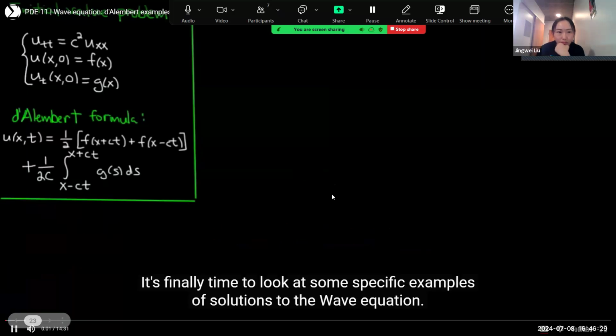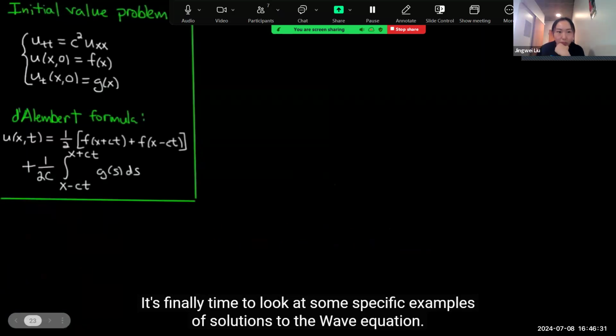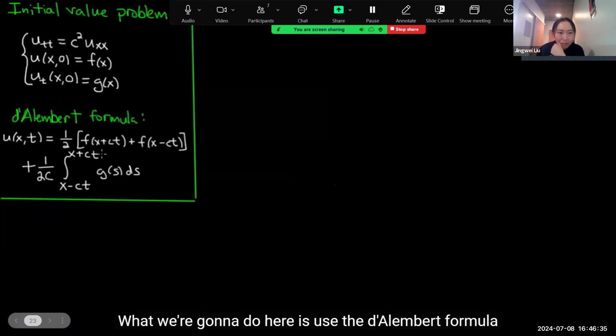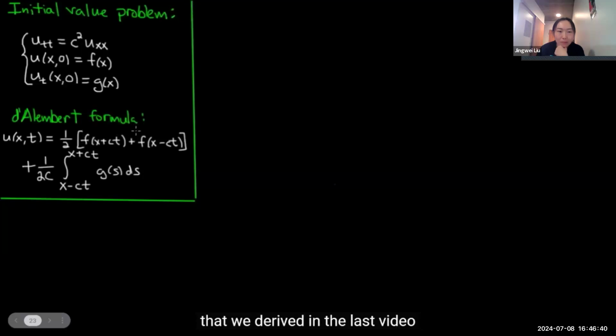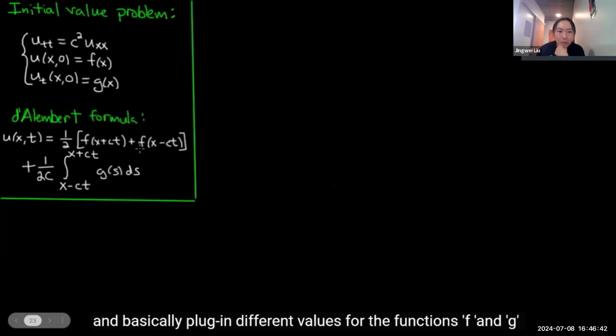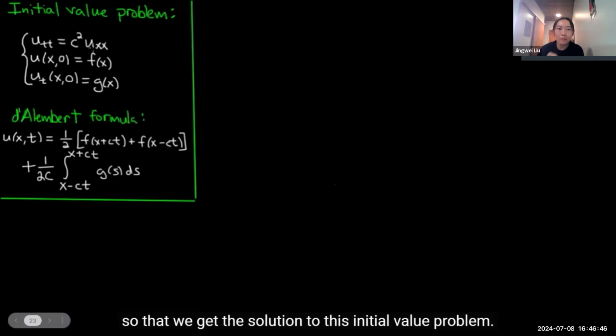It's finally time to look at some specific examples of solutions to the wave equation. What we're going to do here is use the D'Alembert formula that we derived in the last video, and basically plug in different values for the functions f and g so that we get the solution to this initial value problem.